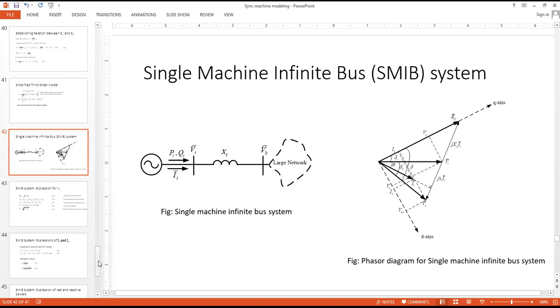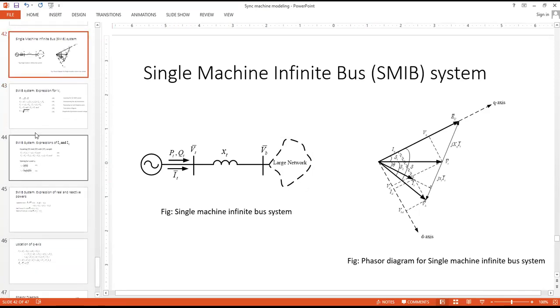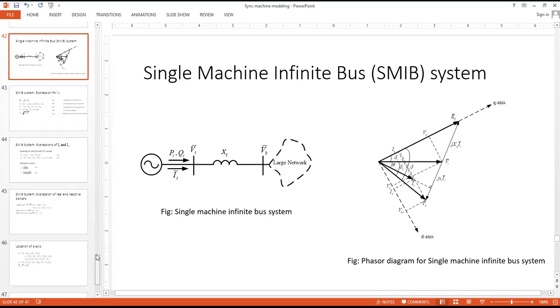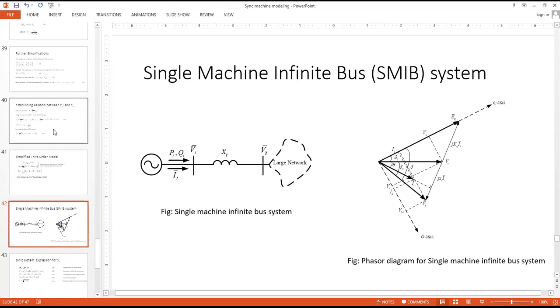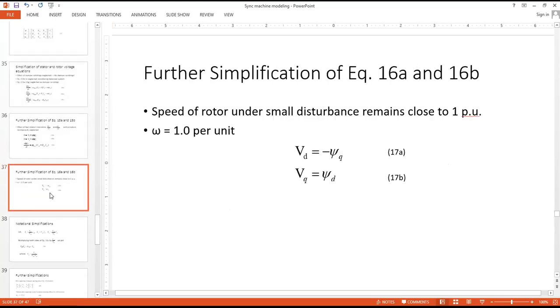In the last class, we defined our state space model as a system of ODEs, an initial value problem. We were trying to solve for the time domain responses for the system under consideration.